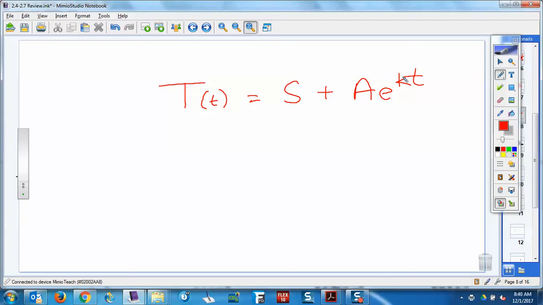The 180 is the temperature that would go here. The 0 would go in here. And so you'd have S plus A equals 180. So you'd have to subtract the room temperature, and then that's what the A would be. So later on, that becomes a little bit of an issue if you're always thinking that this A is your initial temperature. So just something to keep in mind.